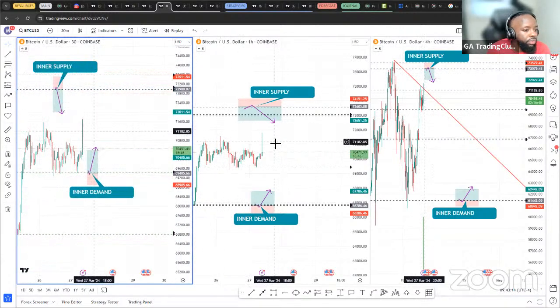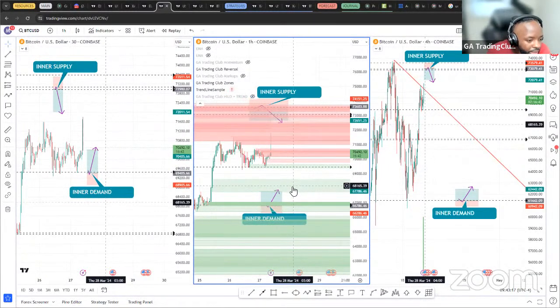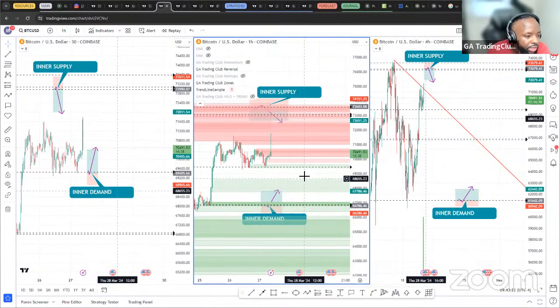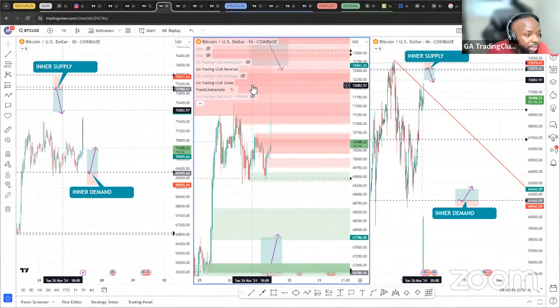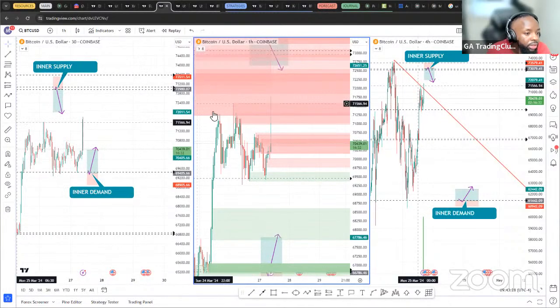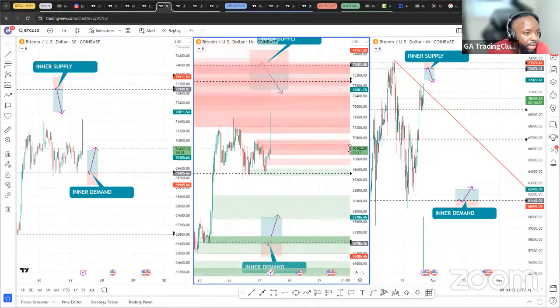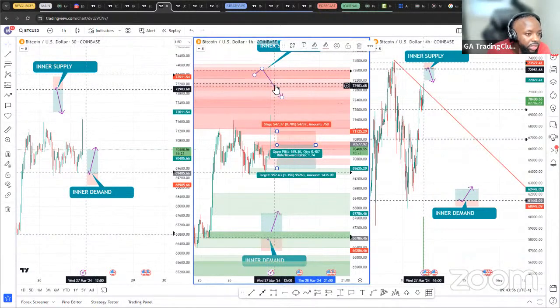And turn that off. On the 1 hour time frame for BTC, the demand zone still remains at 66,786. Supply zone for the hourly, actually, there is a current running supply zone for BTC. So BTC is in the supply zone on the hourly, which is right here at 70,606.